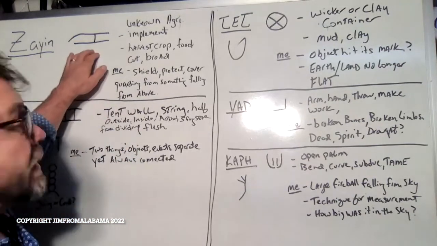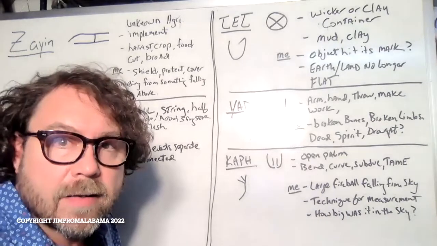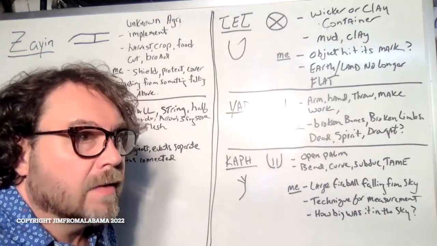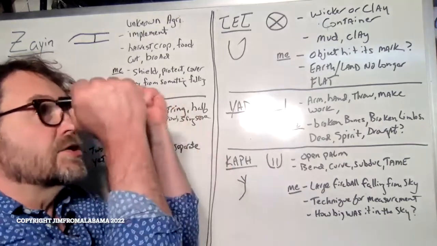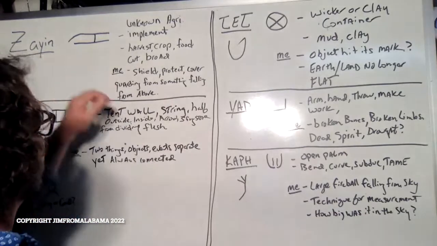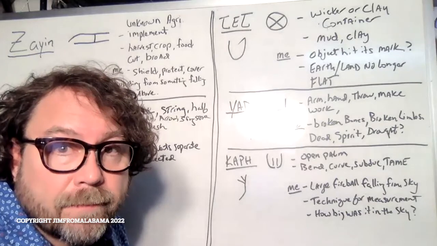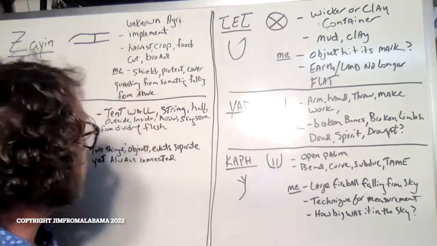So what I think is this looks like a guy laying down on the ground with a shield or something, shielding himself from things that may be falling from the sky. That's the first thing I saw.